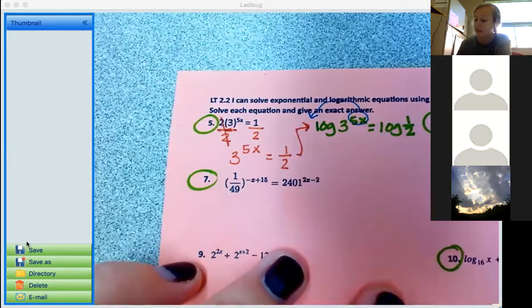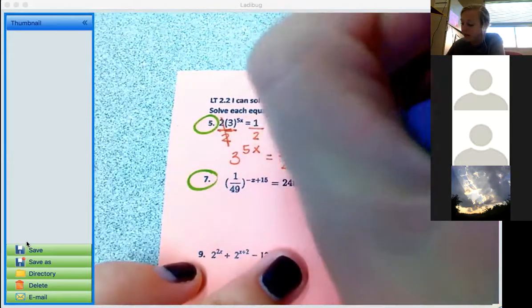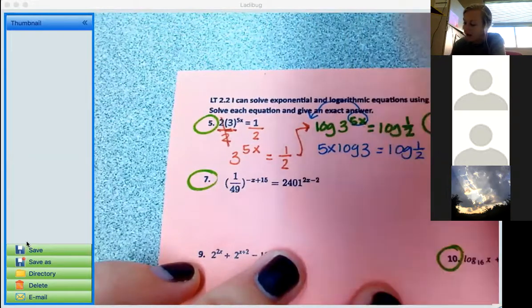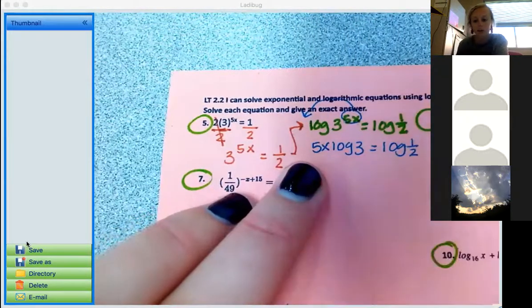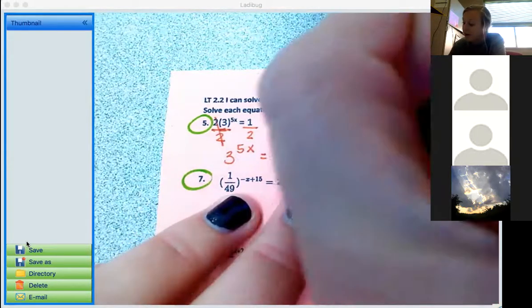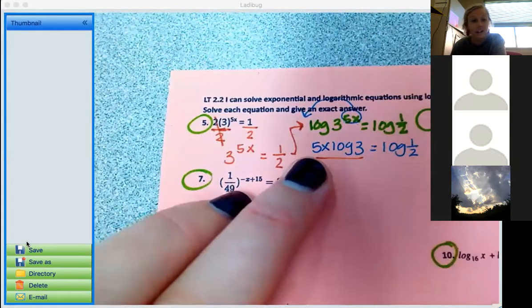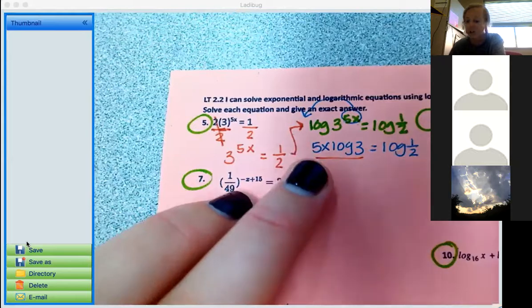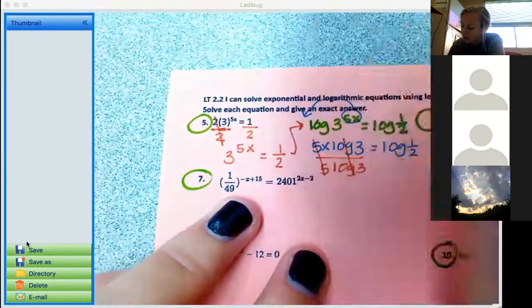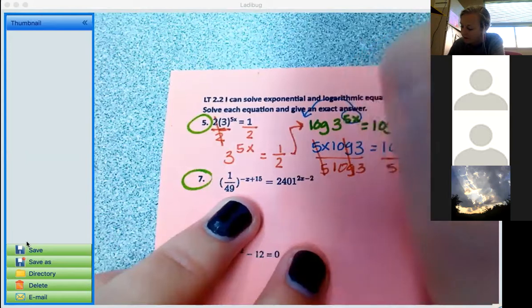So we have to bring the exponent down. So this is 5x log of 3 equals log of a half. And then how do you get the x by itself? Divide log of 3 and divide the 5. Good. So you'll divide 5 log of 3 over to the other side.